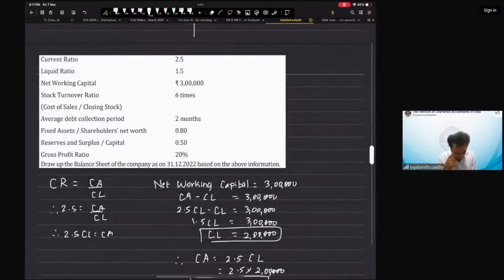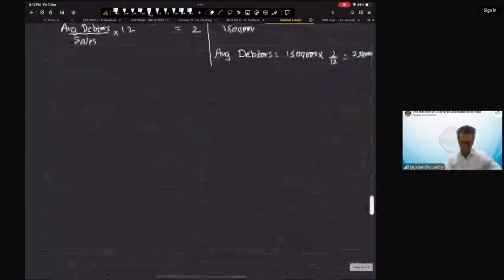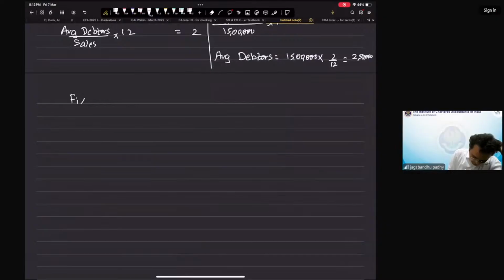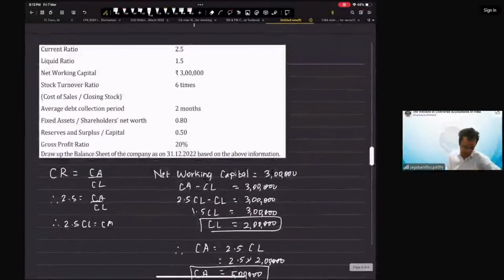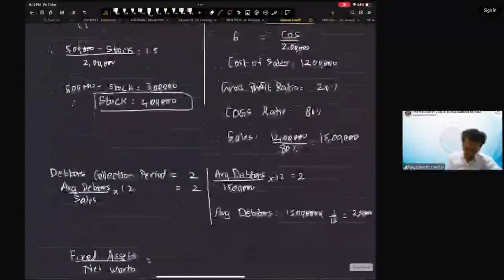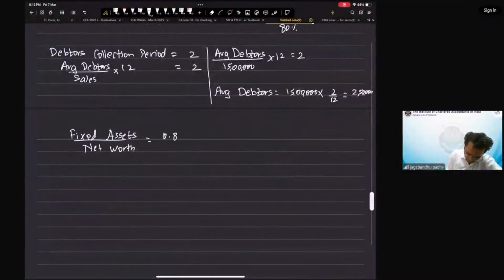The next ratio that is left out is fixed asset to shareholders net worth is 0.8. Fixed assets to net worth is 0.8.